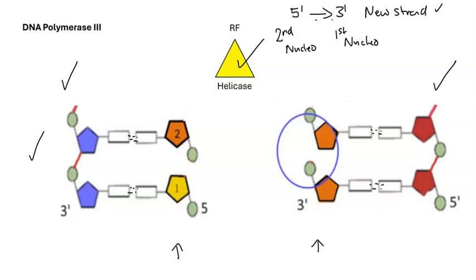And so here we have the first nucleotide. So we need to identify the 3' carbon, and there it is there. And then we need to identify the 5' carbon on the second nucleotide, which is in this position here. So there's the 5' there, and there's the 3' there.